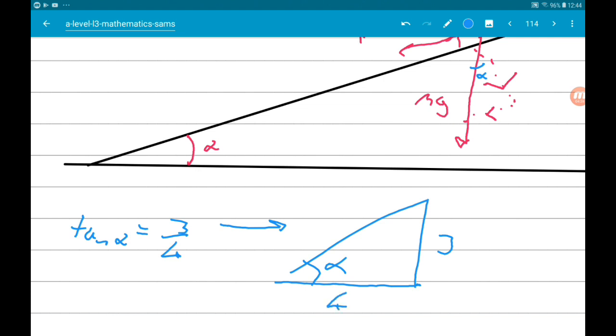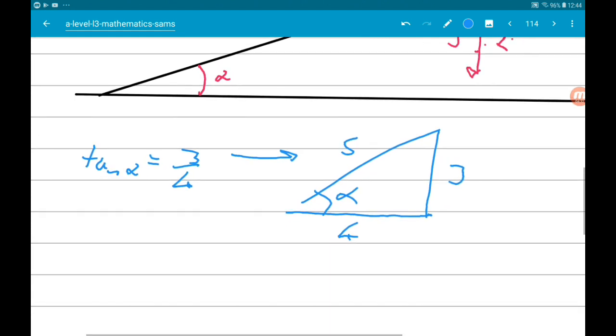Using Pythagoras, the hypotenuse is 5. So, sine of alpha is 3/5. Cos of alpha is 4/5.